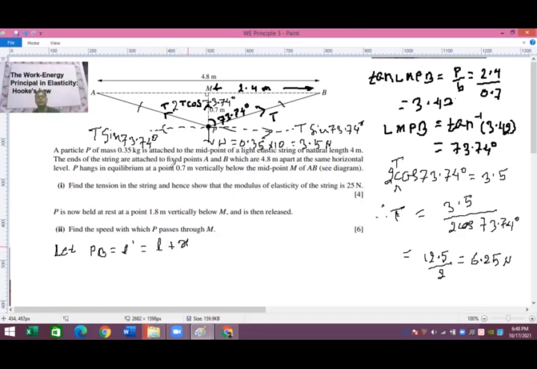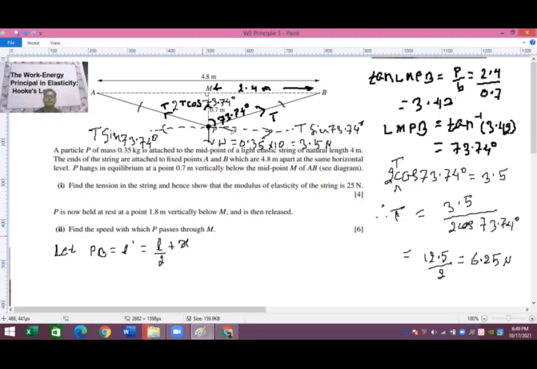Here we'll take only one part of the string, because from either side, either this part or the other part, we take the extension in half of the original length, and that will be X.